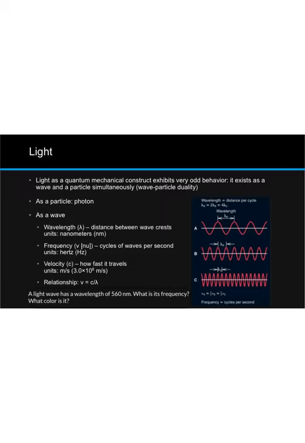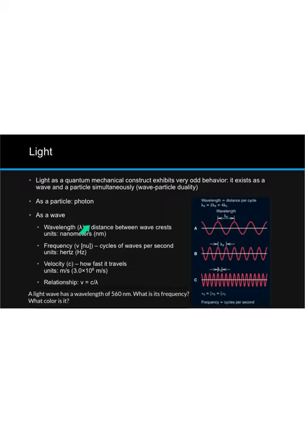Light is an odd substance. It sometimes acts like a wave and sometimes acts like a particle. In fact, the sometimes occur simultaneously. In a few moments, we'll talk about the behavior of light as a particle when it acts like a photon of energy. But first, we'll review the wave characteristics of light.